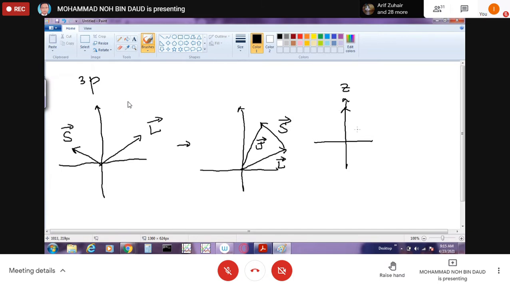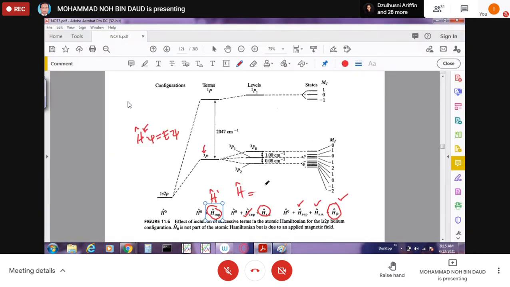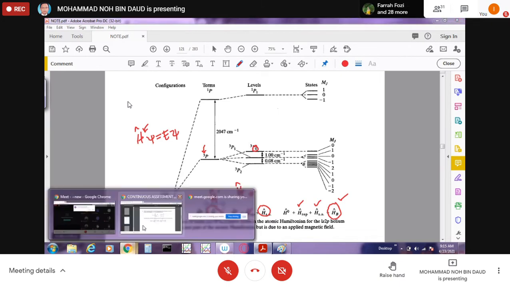When this J lies along this z-axis, of course, all the components of this J will give the same energy. So with the same J value here, you can see, we have the atomic term symbols.